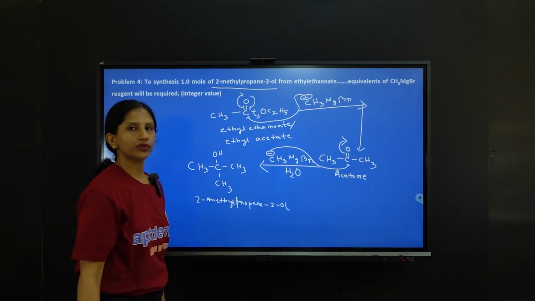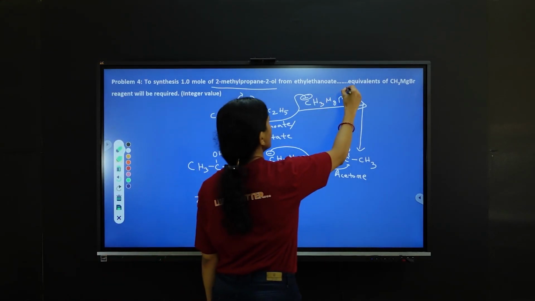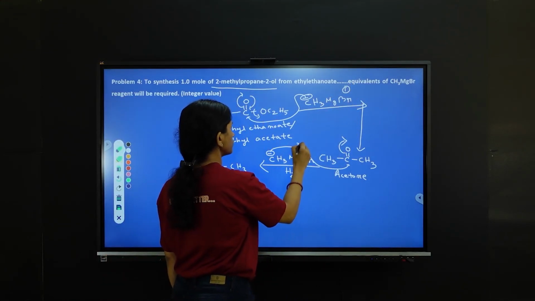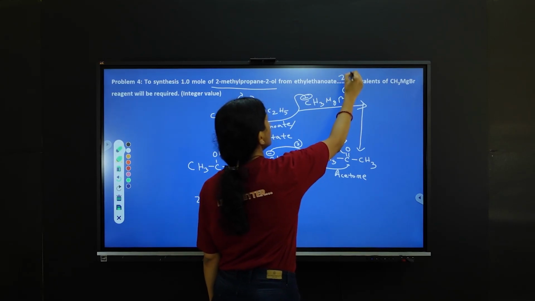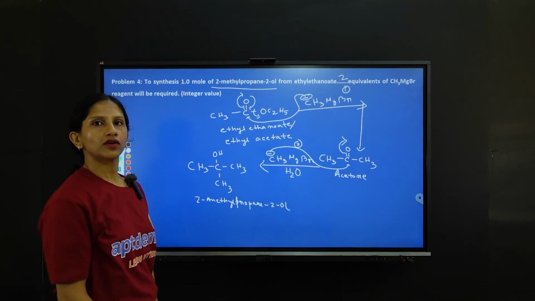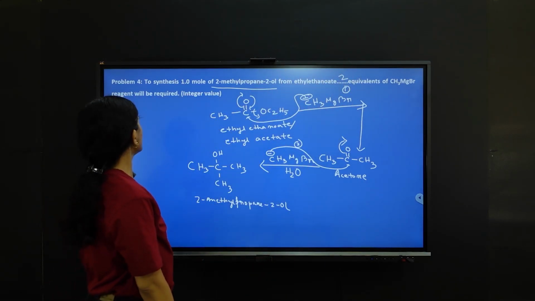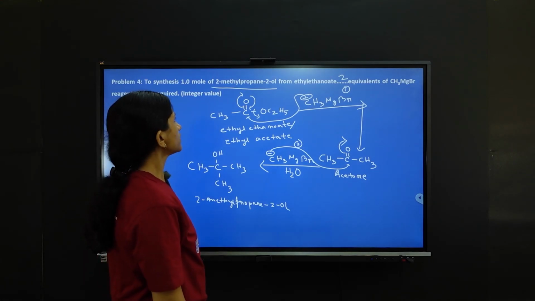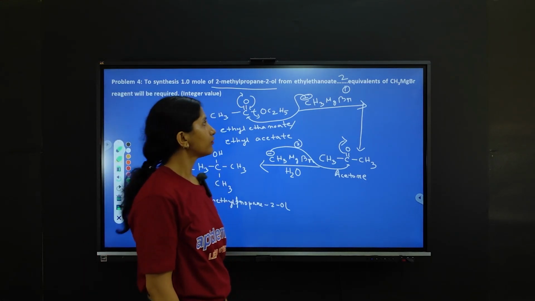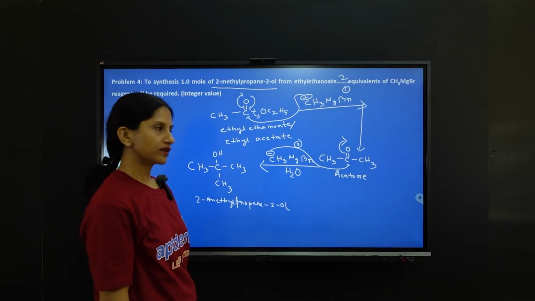So how many equivalents have we used? Here is our one equivalent and here is our two equivalents. So we have used two equivalents of the reagent CH3MgBr to get 2-methylpropan-2-ol from ethyl ethanoate.